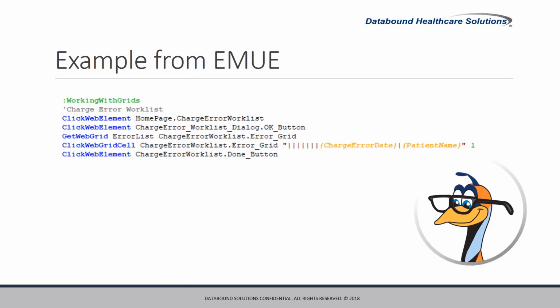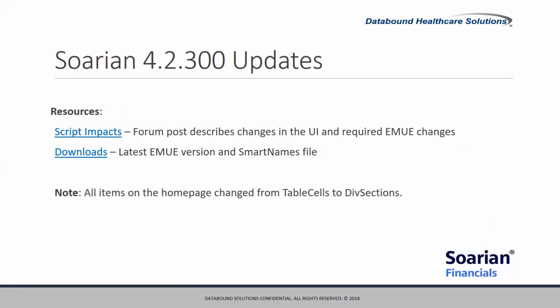Okay, cool. So that's really the big changes for 42200. I will mention that the smart name file is available already, and it has been tested. So we're up to date on everything that you had previously had in your scripts that were smart names. I encourage you to go get that, and I also encourage you to do testing beforehand.